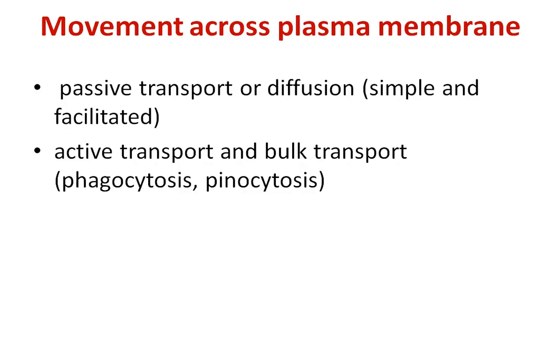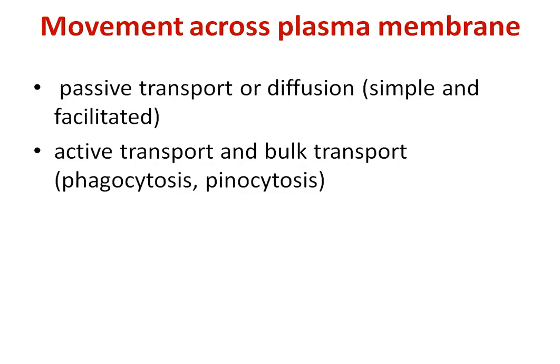Whereas in facilitated diffusion, there is still no need for ATP or other source of energy, but we do use some carrier or protein channels to help in moving the molecules from one area towards the opposite side of the cell. But again, it has to follow the principle of moving from a higher concentration to a lower concentration.